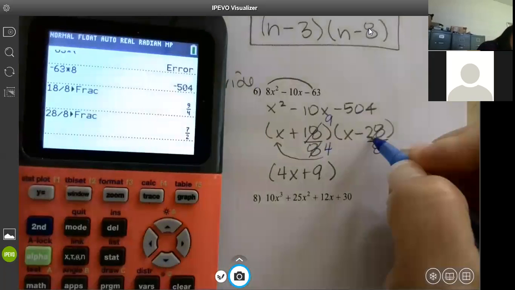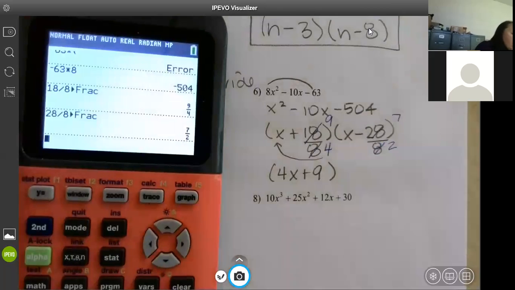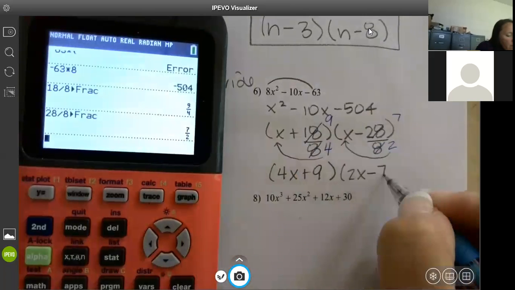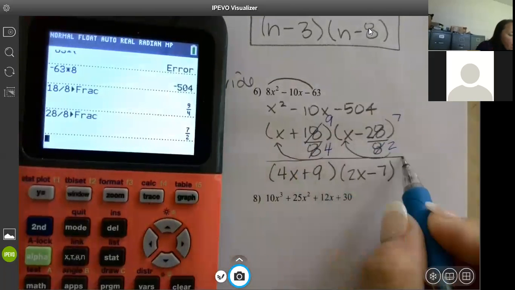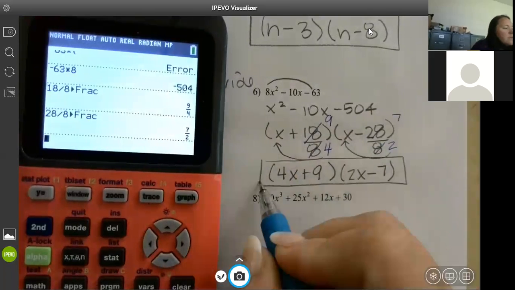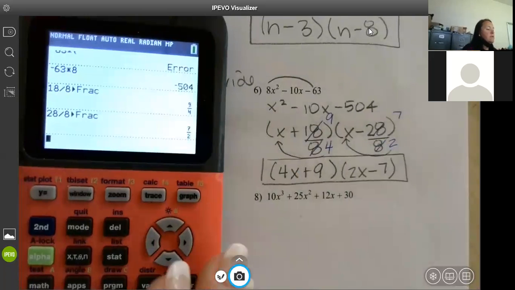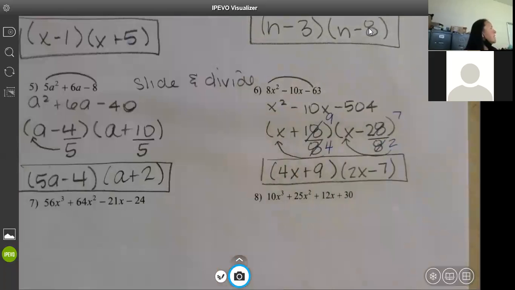It changes into 7 over 2. So that 2 slides up and you get 2x minus 7. That's it. Any questions? All right. Same thing on the test. 5 and 6 are going to be slide and divide.